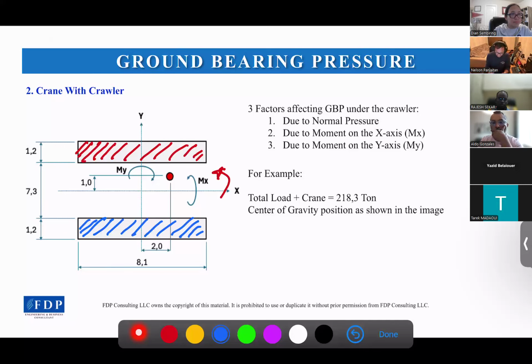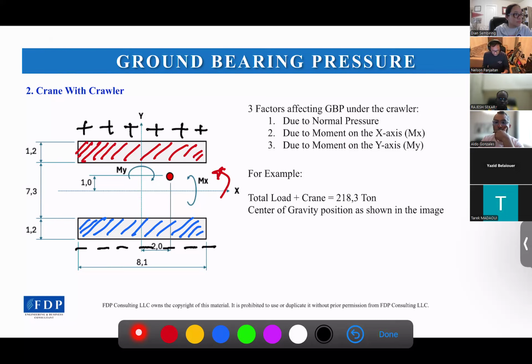So I will put here a positive, and this will be the negative. Okay, so that's the ground bearing pressure due to the moment X.